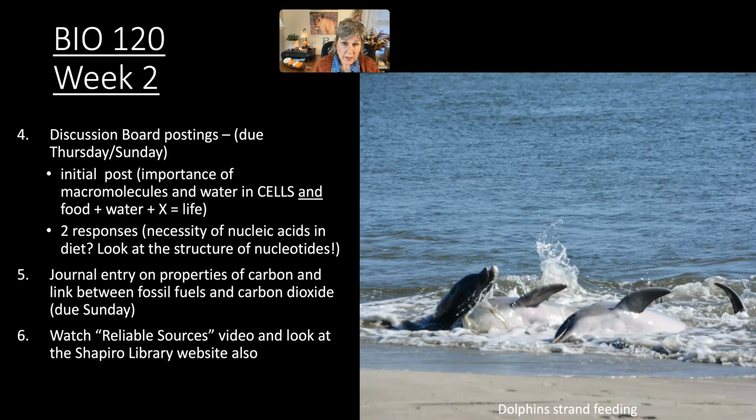The organic molecules, right? Organic molecules make up organisms. So what are fossil fuels? Might be dead, decayed organisms that have accumulated over millions of years under pressure and heat. And then what's that connection to carbon dioxide that's found in excessive amounts in our atmosphere now? So that's your journal entry.